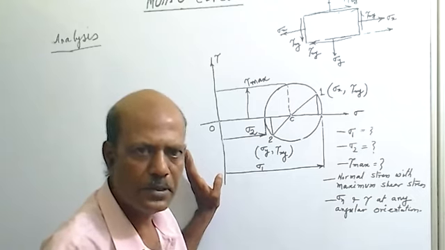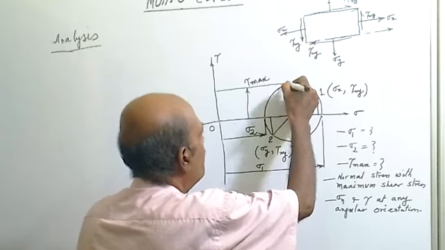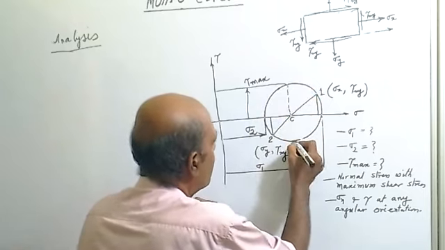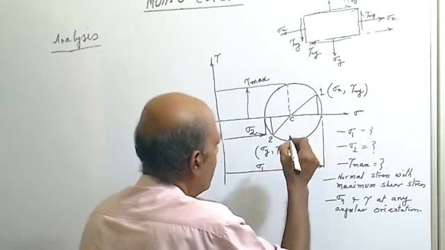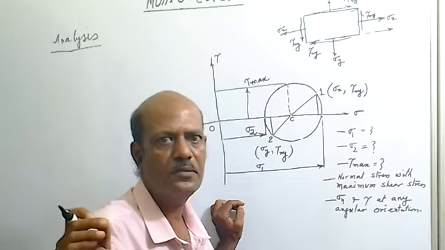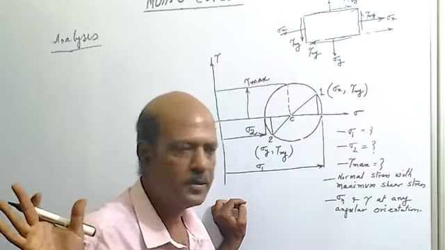And also we have discussed that the point which is just above the center of Mohr circle or below the center of Mohr circle indicates the maximum shear stress which can occur under this condition of loading.